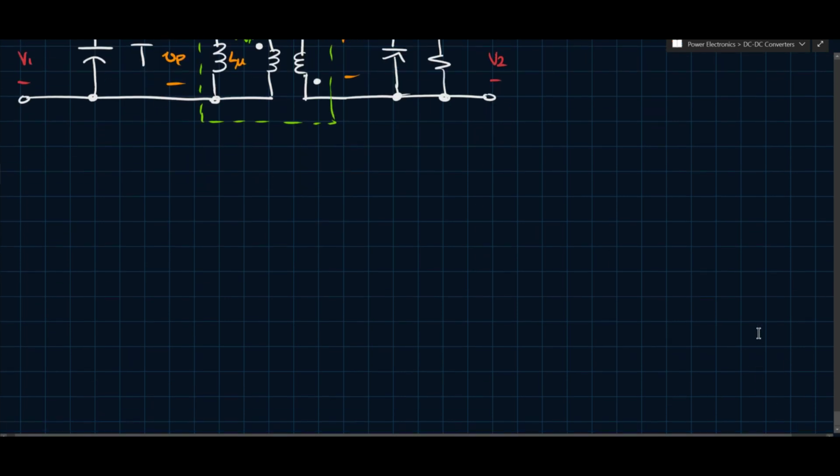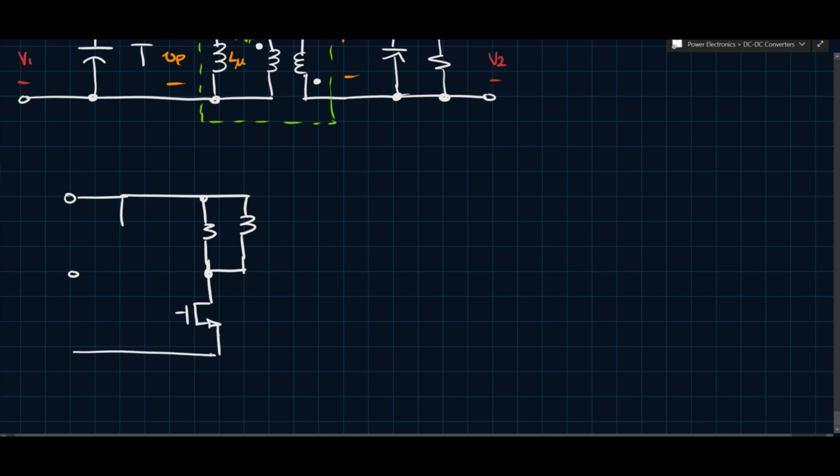So the way we do that is we redraw the circuit in the following way. This capacitor stays here. This transformer stays there. And maybe we can draw this a bit bigger. Instead of that, we take the transistor and we connect it here.